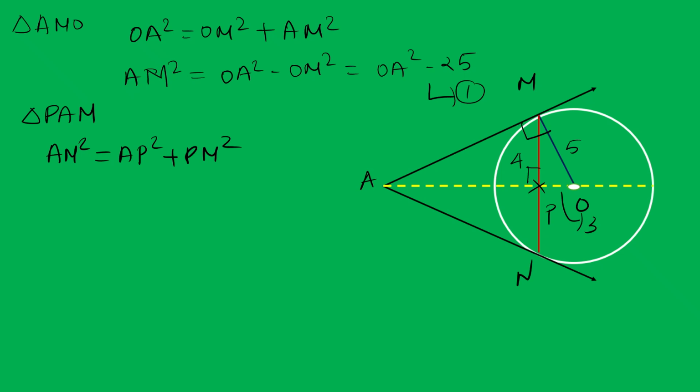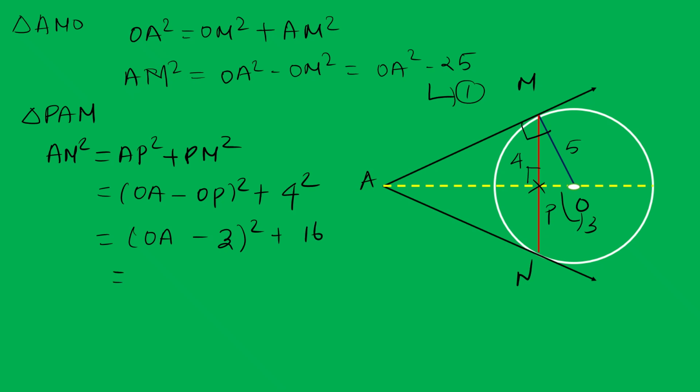So we can write AP as OA minus OP the whole square, and PM we know as 4, just 4 square. So OA we don't know, so let it be OA, and OP we know, which is 3, the whole square plus 16.